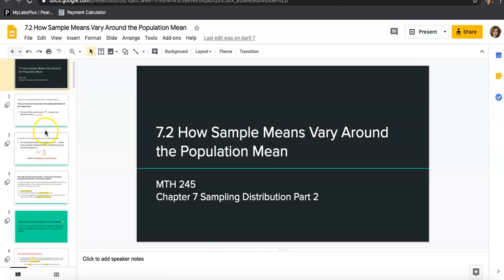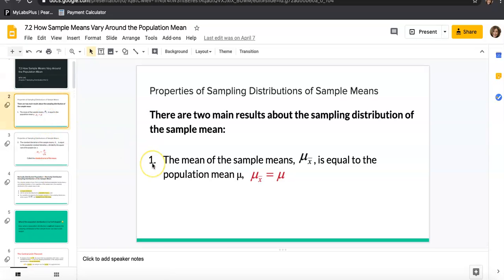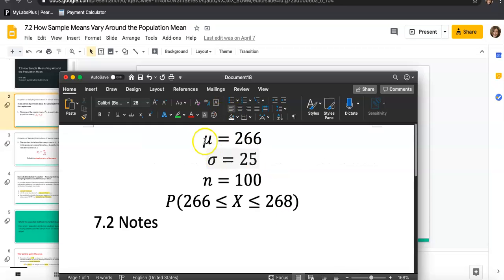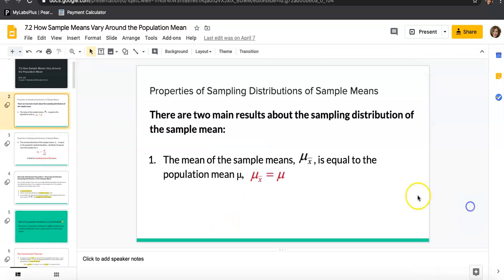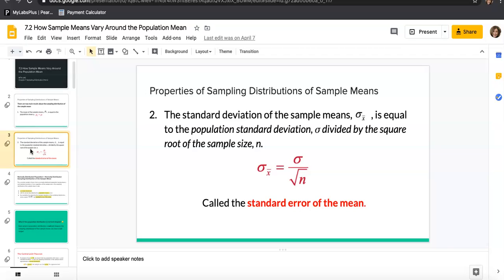And in this slide, we talked about how the mean of the sample mean is equal to the population mean. So for the mean, you're going to use that number for human population mean, 266. That's going to be your mean. But remember, the standard deviation for sampling distributions of sample mean had a formula.